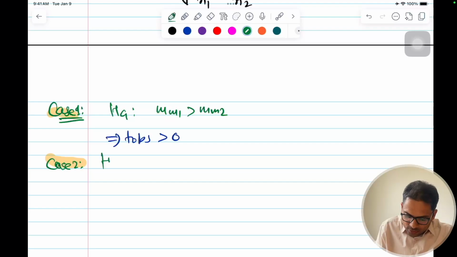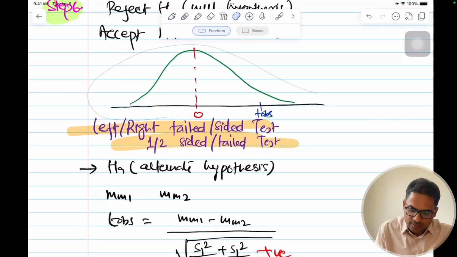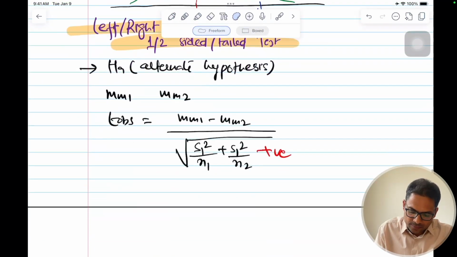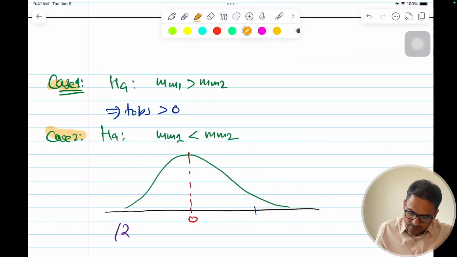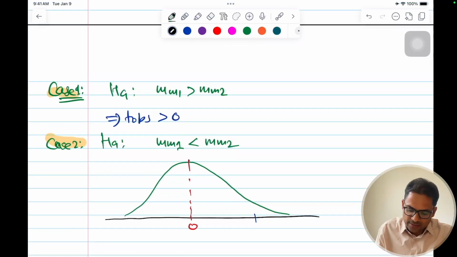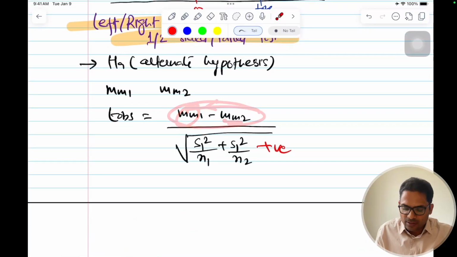Similarly, the other way around, case 2. If my alternate hypothesis is that the mean recovery time of medicine 1 is less than the mean recovery time of medicine 2, then what will happen? Where will my t observed be? It will be negative now. If this is less than this, the whole numerator will become negative.